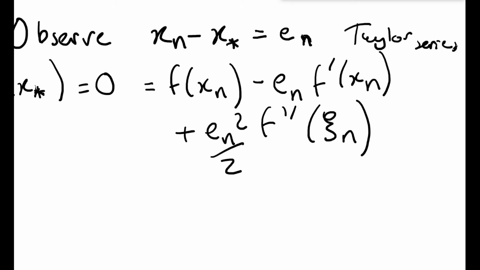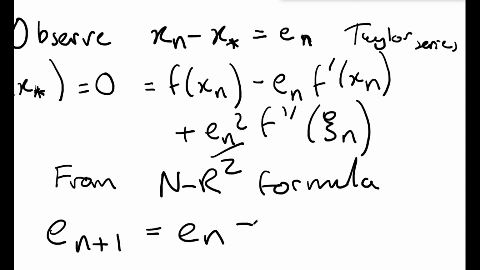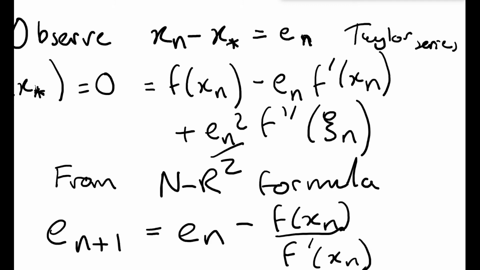Then from the Newton-Raphson formula, we have error n+1 equals en minus f(xn) over f prime(xn). If I call them 1 and 2, we're going to substitute and eliminate f prime from here and f from here, to give us an expression purely in terms of the errors, en. So, okay.